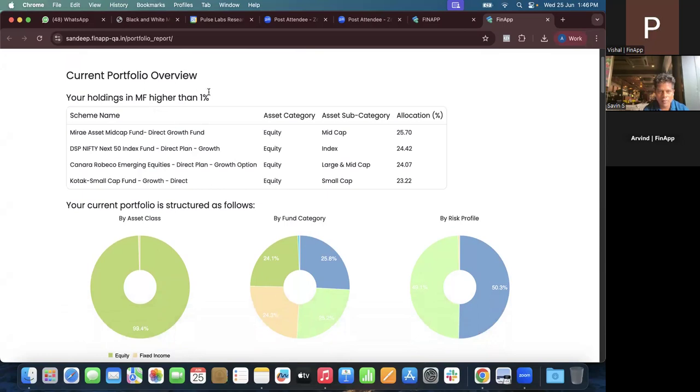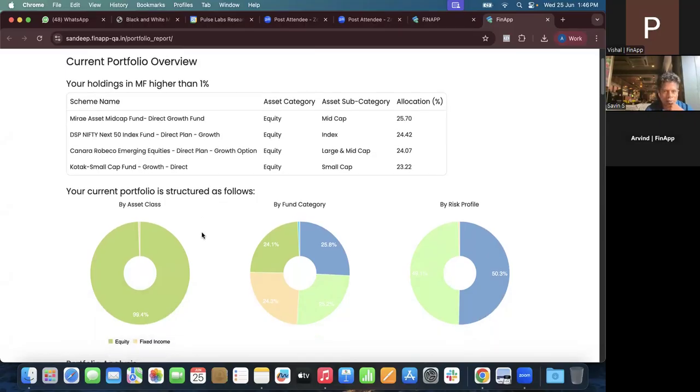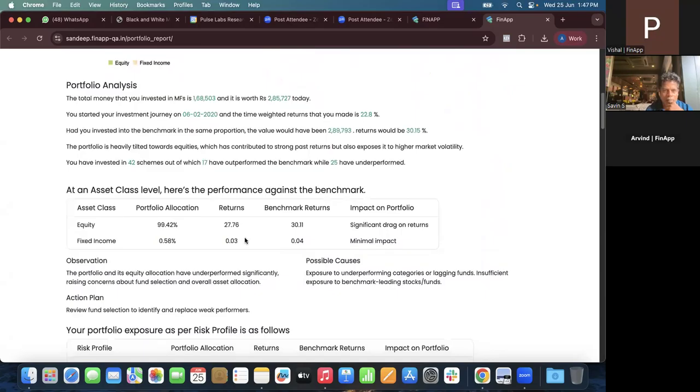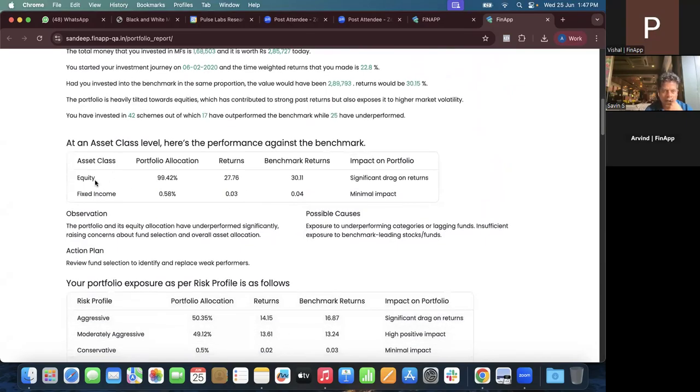These are those schemes where I have more than 1% holding. Though there were 44 schemes, this is just dummy data, and at some places there were 100 rupees, 200 rupees, so it was not mattering much. These are the top holdings where I have more than 1% holding. So this is the allocation. This is the equity class. These are the schemes. This is the same now, asset class wise.